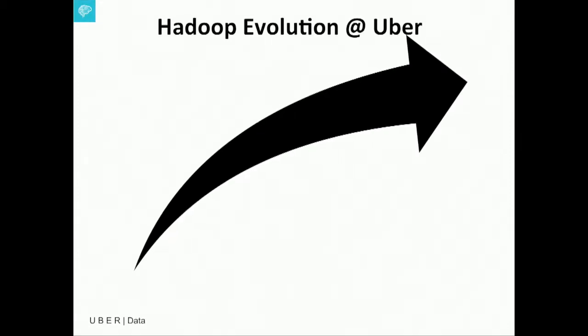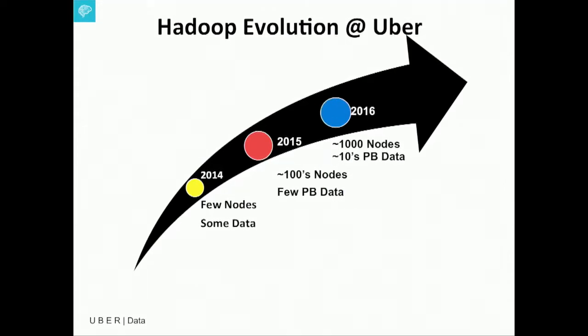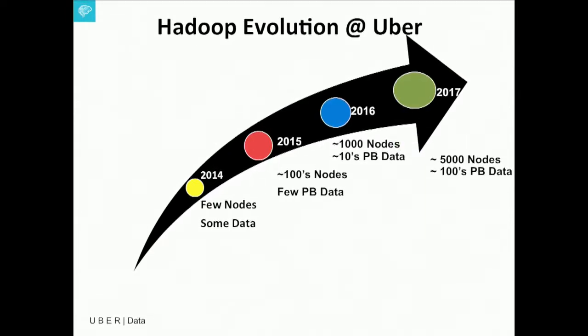Hadoop evolution for Uber: in 2014, 15, we had very few nodes. At the end of it, hundreds of nodes, few petabytes of data. In 2016, thousands of nodes, tens of petabytes of data. And now we have like 5,000 nodes, more than that, and tens to hundreds of petabytes of data, right?